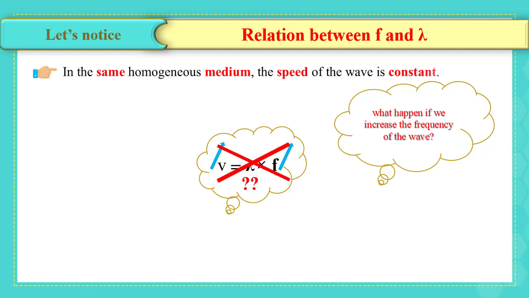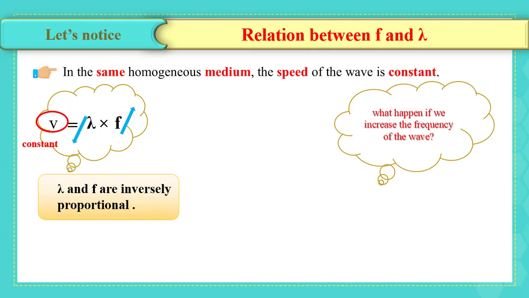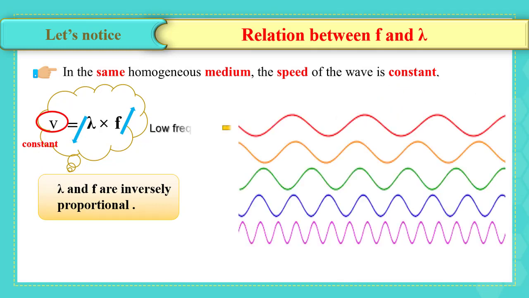Since in the same homogeneous medium the speed of the wave remains constant, then we can write v is constant, so if f increases, then lambda will decrease, which implies that f and lambda are inversely proportional. In other words, for low-frequency waves we have longer wavelength, whereas for high-frequency waves we have shorter wavelength.